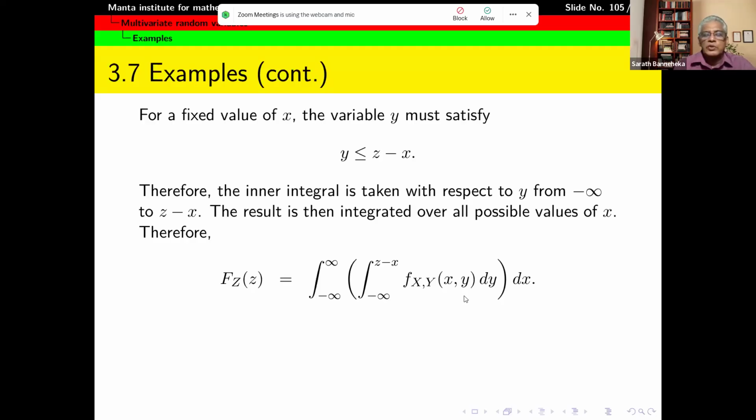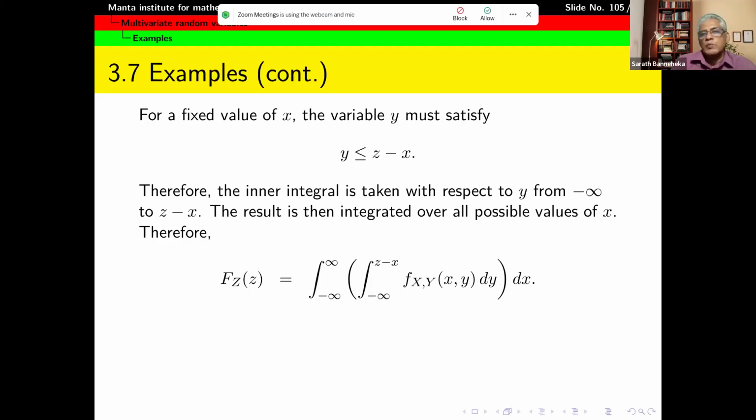So I have to integrate the joint density with respect to y to get the volume under the stripe along the y-axis. And then we have to cover the whole area A. In order to cover the whole area A, we have to integrate with respect to x from minus infinity to plus infinity in general.